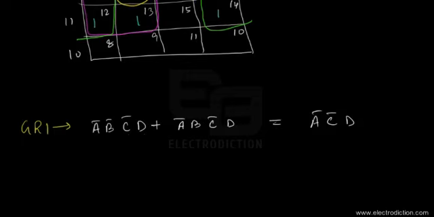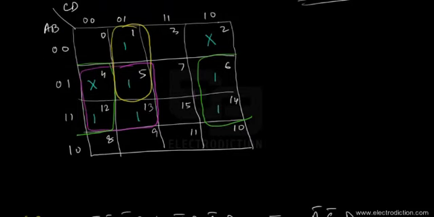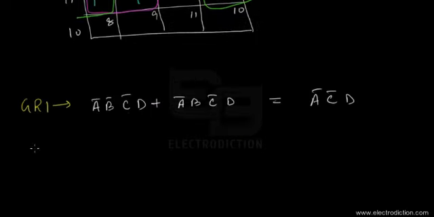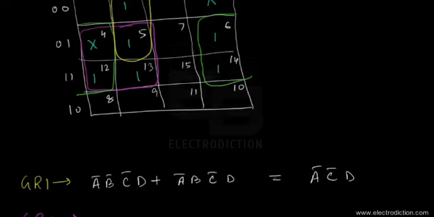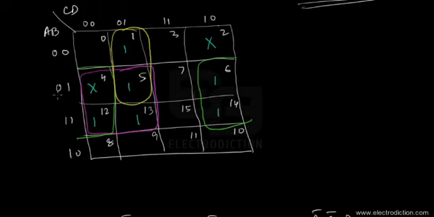So now that group 1 is done, we're going to go to group number 2, the pink one. That's the pink quad that we have over here. For group 2, we are going to get A bar B, C bar, D bar.